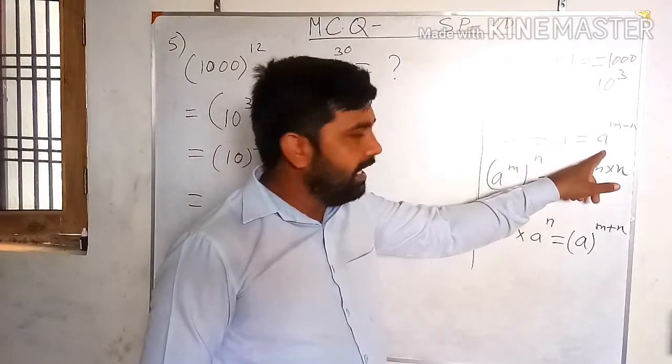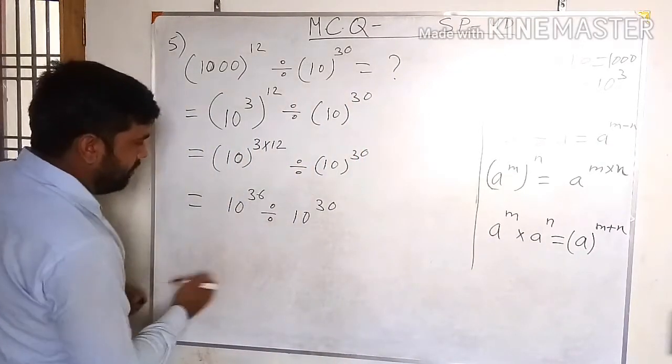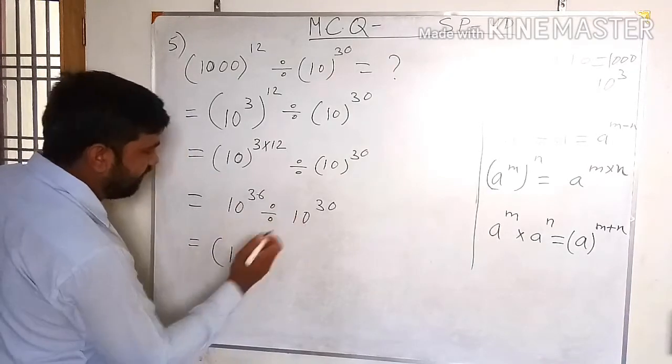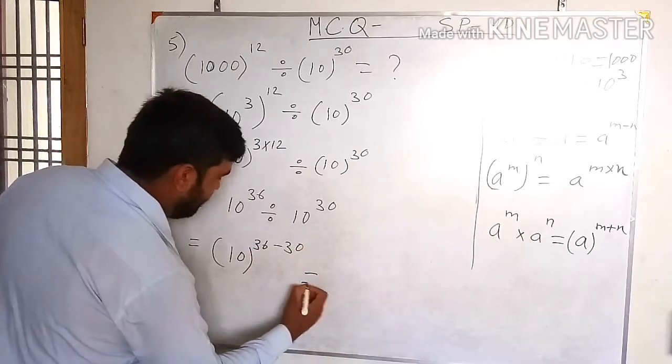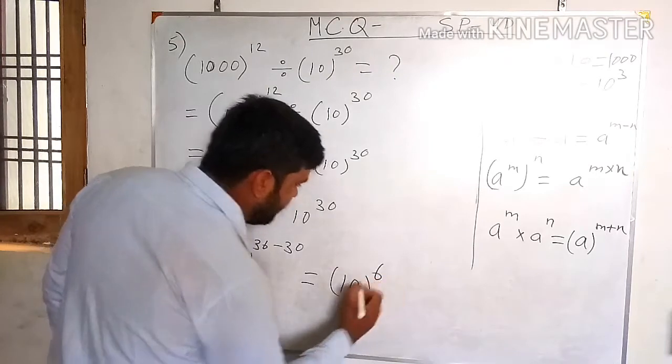Take the common base 10 and subtract the powers: 36 minus 30. So the answer is 10 to the power 6.